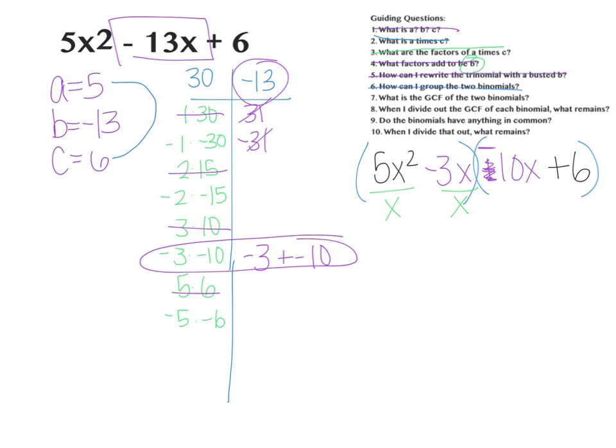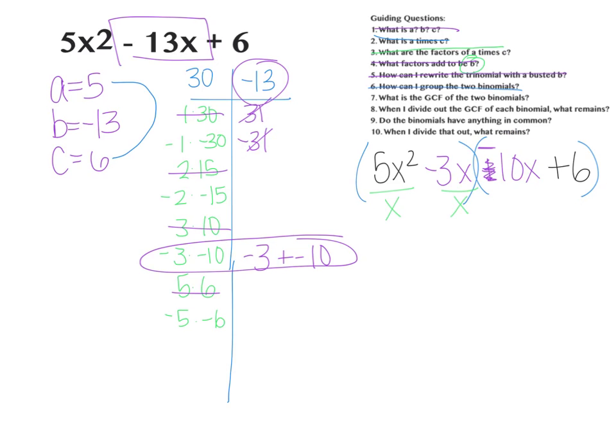So then the second one, what is the GCF of these two binomials? And when I look at it, I'm looking at -10 and +6. Now, in the previous problem, this term was positive. We always want the first term of each binomial to be positive. So I notice that this is a -10. So whatever number I decide to take out, I need to take out the negative version because I need this to be a positive number.